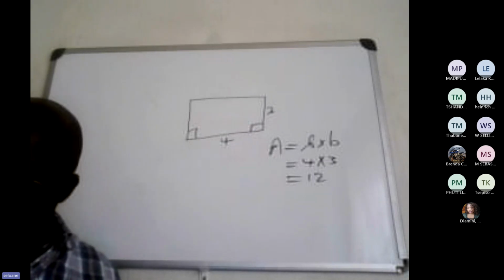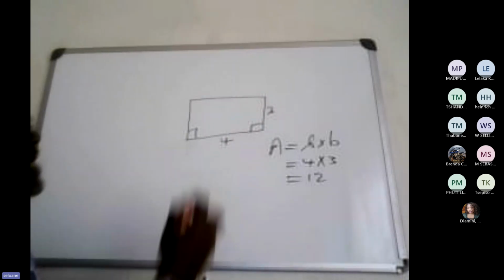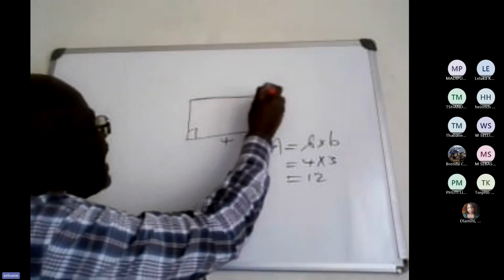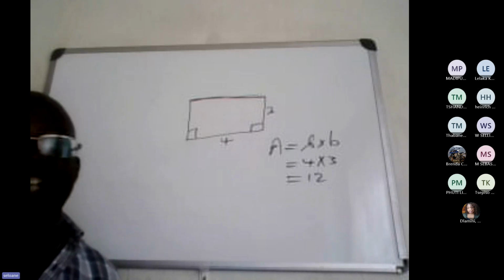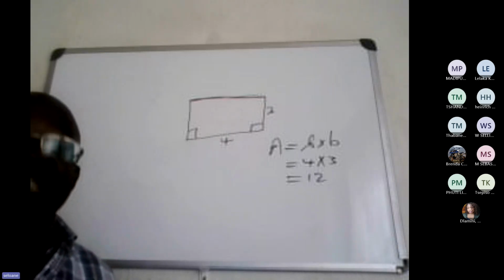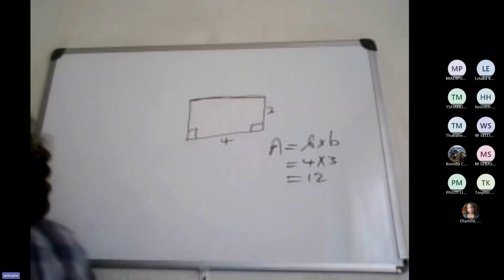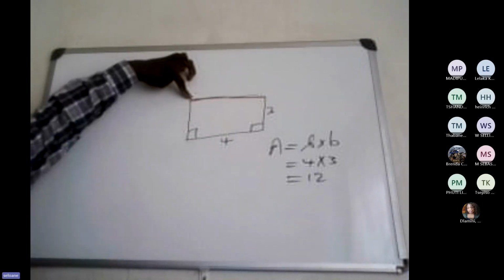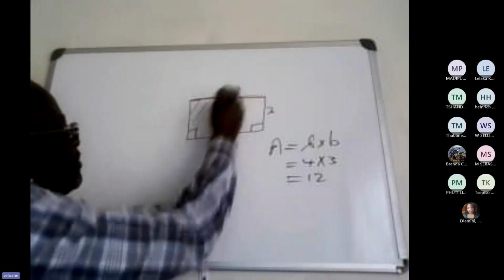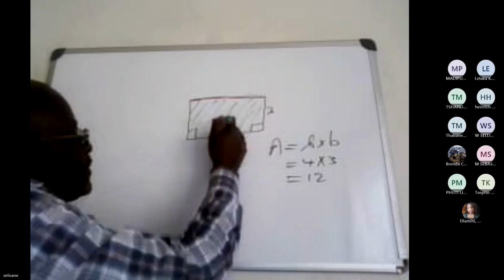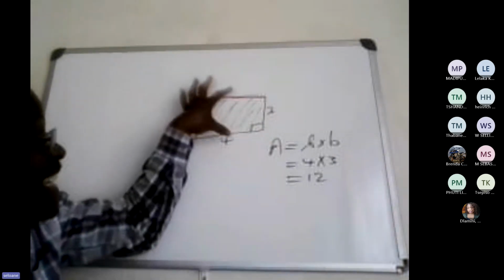But before we even go there, let's say this side is the top function, or just part of the top function, or a piece, because here this is the enclosed region. Let us shade it. This is the region. Then the question was, find the area of this shaded region.